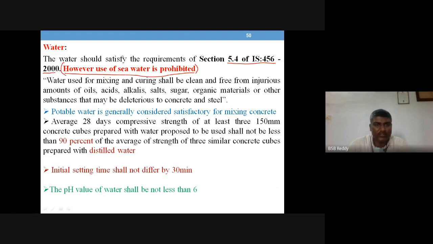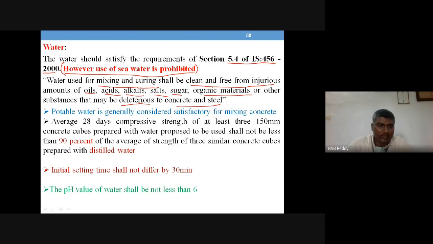You cannot use seawater for preparing pre-stressed concrete. The water used for mixing and curing also shall be clean and free from injurious amounts of oils, acids, alkalis, salts, sugar, organic materials, and other substances that may be deleterious to concrete and steel.